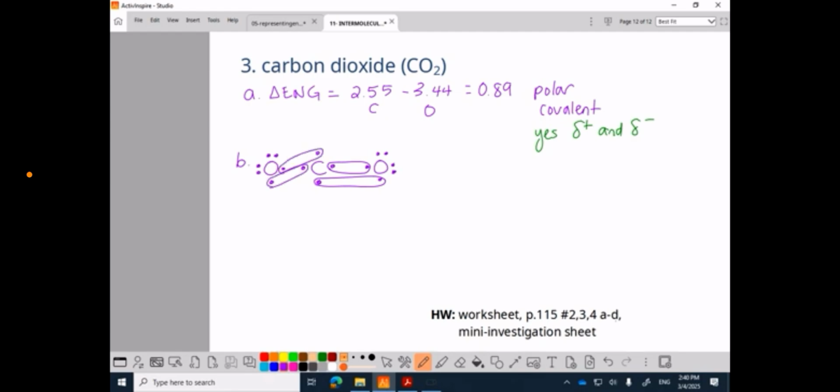And now each of them has eight, a complete eight, and covalent bonding is possible to have double bonds. We are going to draw the slightly negative for each of the oxygens. It has an electronegativity of 3.44, and the carbon is less electronegative, so it's going to be slightly positive.